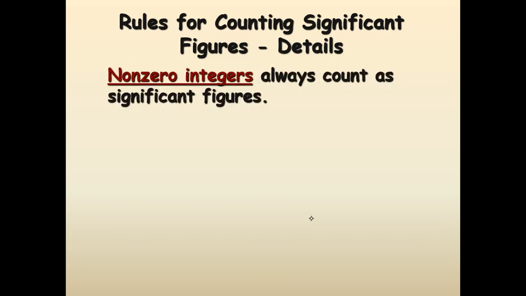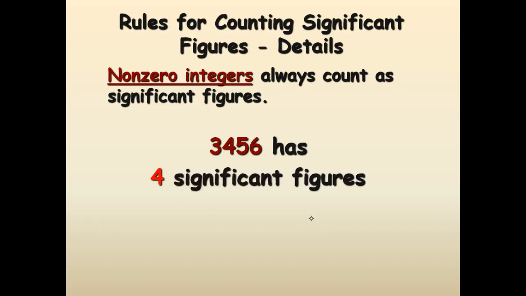If you have a number that has digits that are not zeros, those are absolutely going to count as being significant. So if I were to say 3,456, that number has four sig figs. The 3, the 4, the 5, and the 6 are all significant because all of those are not zeros. That's easy. So I take care of 9 out of the 10 possible digits.